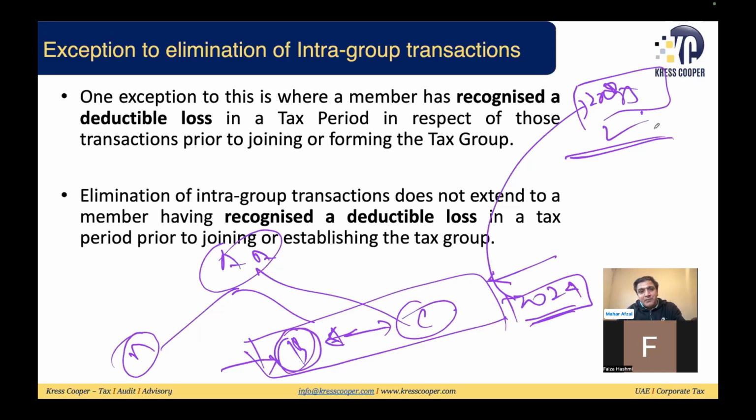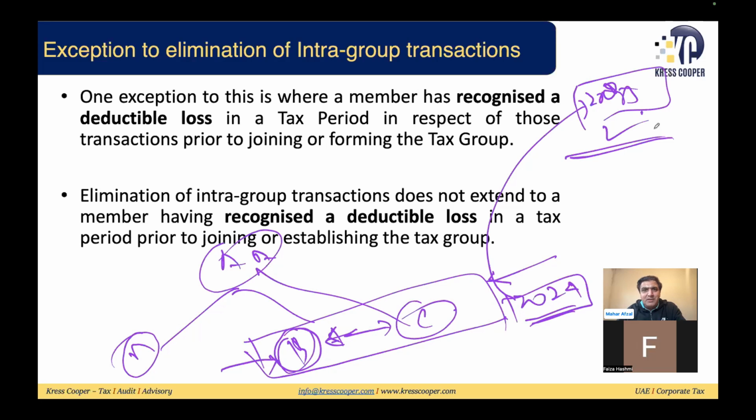So if there are two group entities which were not part of the group, they have entered into a transaction, and this transaction has resulted in a deductible loss which has not been reversed, or not 100%, then any income related to that transaction will not be eliminated unless and until that loss has been reversed.